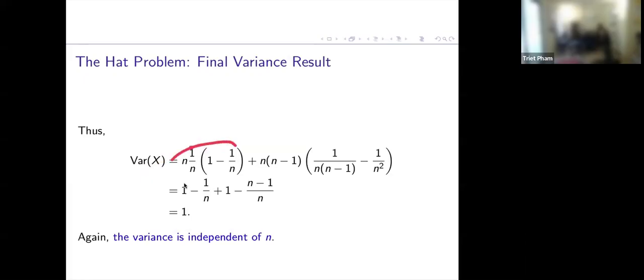If you plug it in and simplify, you do get 1. So it's actually a nice calculation. Anyway, here I just want to focus on expectation calculation. Variance, as you can see, takes a little bit more time, so I'll show it to you here for completeness, but the focus will be more on expectation calculation.